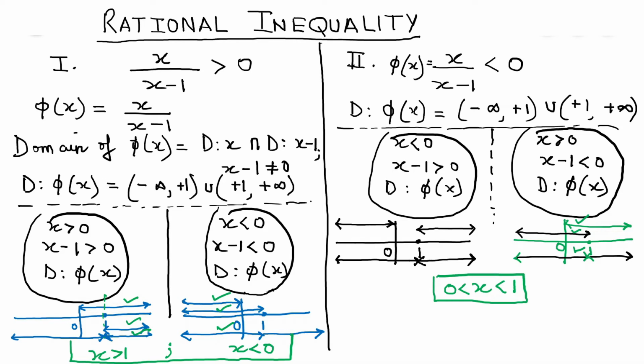Now, these are two examples of inequalities wherein these two are mutually exclusive to each other. So if I were to take a final take here, if I combine all these values, I mean if I take this value, this value, and this value, this should give me the domain of phi x.